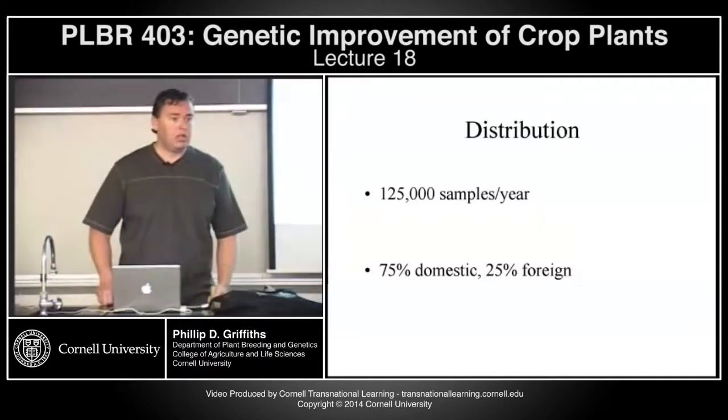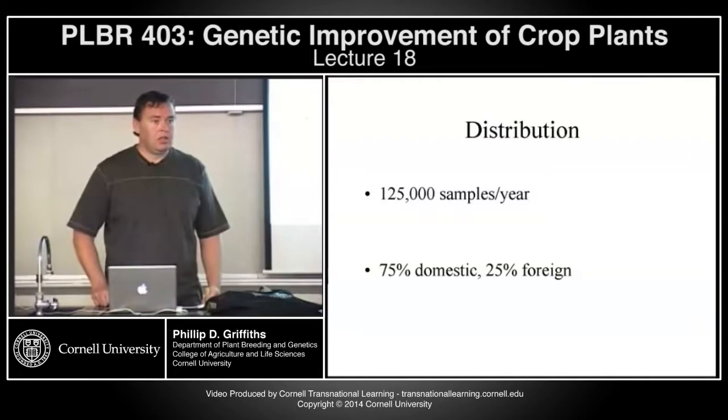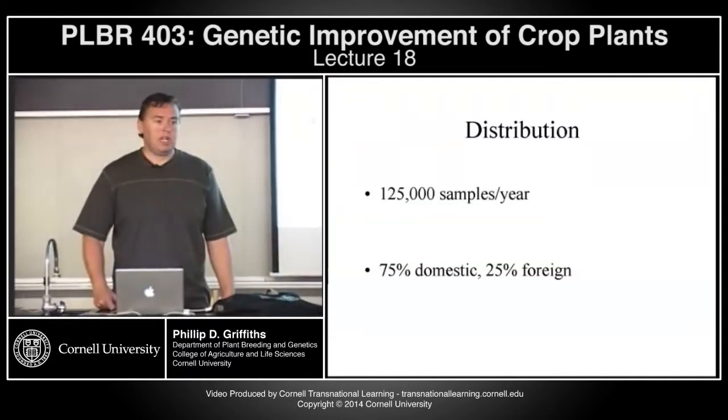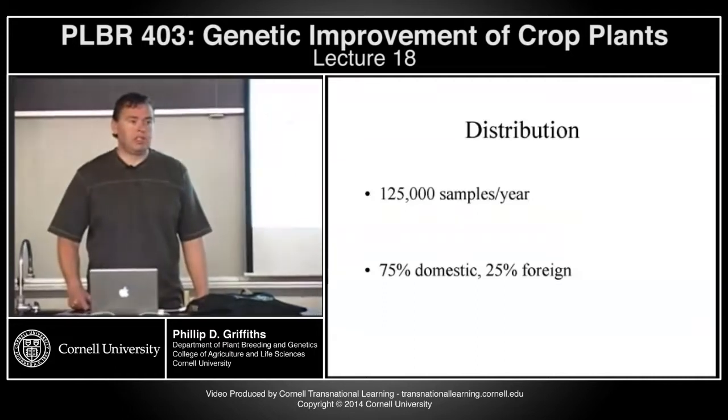Yeah. What percentage of that is for other academic institutions or USDA institutions versus private individuals? Most of it is probably within the public sector, because most germplasm enhancement is within the public sector.